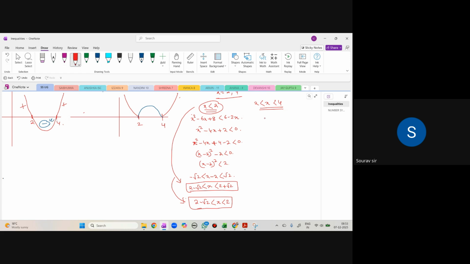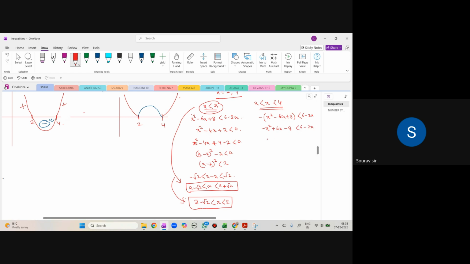So therefore, I take the negative of it. So minus of x square minus 6x plus 8 is less than 6 minus 2x. So minus x square plus 6x minus 8 less than 6 minus 2x.